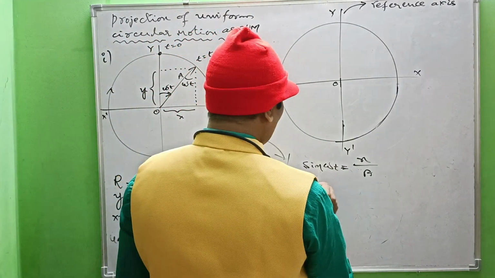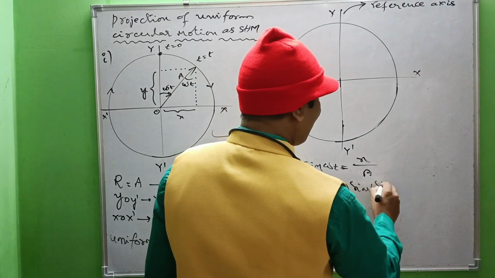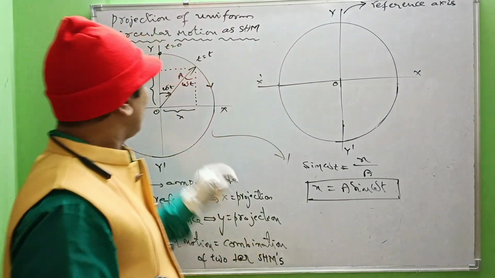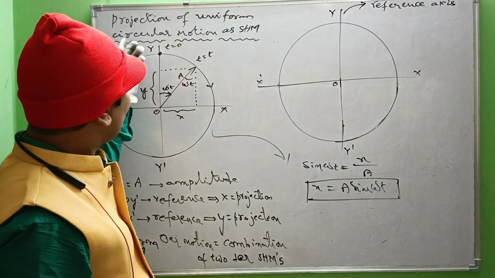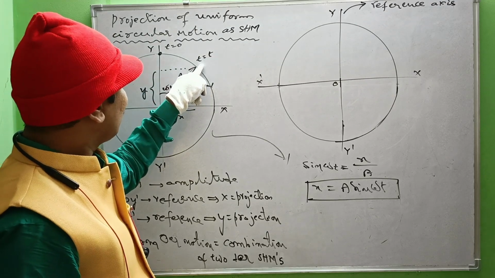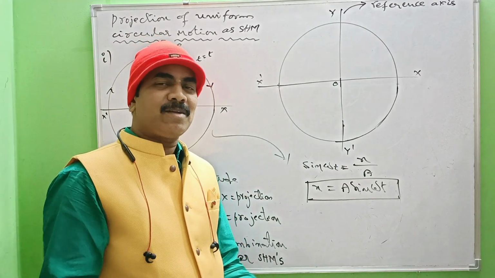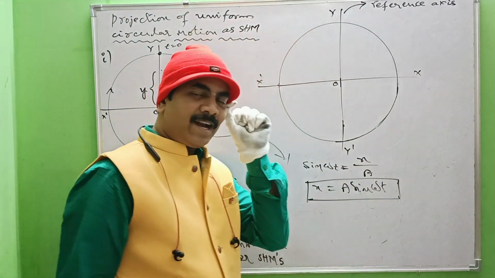So x equal to a sine omega t is the valid simple harmonic expression when the particle is initially at the position on the y-axis, and at some other instant the particle lies in the first quadrant. So x equal to a sine omega t is the valid expression.